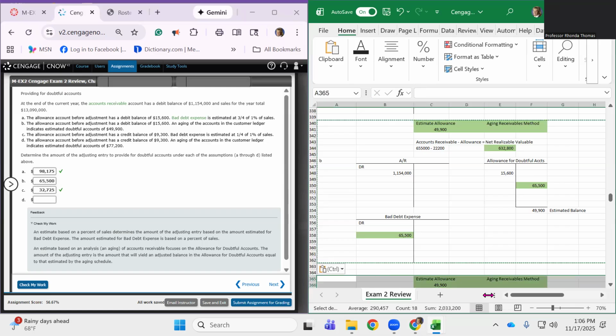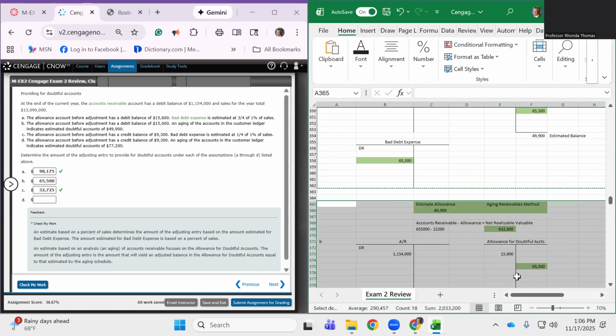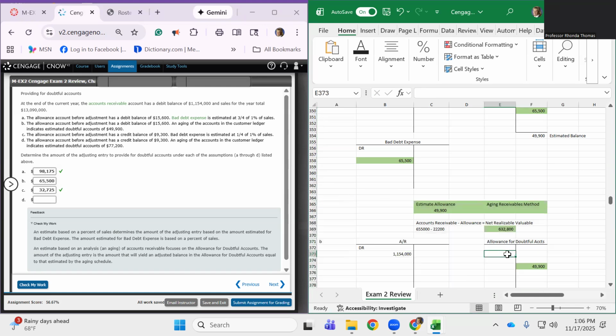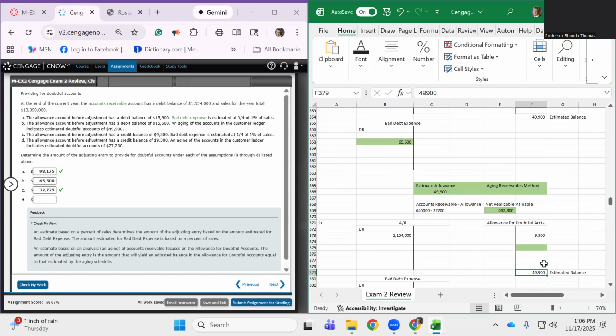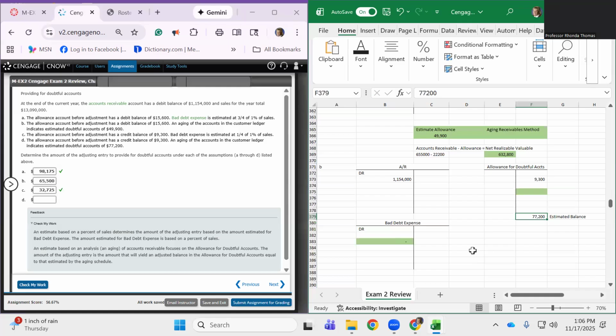So this last one has a credit balance on the other side of 9,300. Then we go down here to the bottom and read what it says. They aged their receivables, and when they did the receivables table and aged everything, they want 77,200 in their allowance.